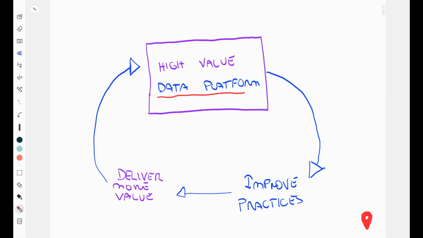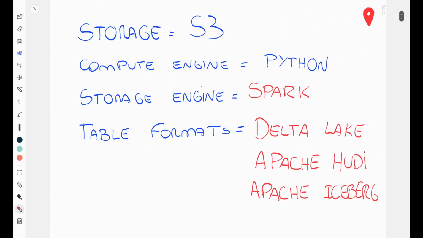The idea is to build a data platform and improve its practices, such as we're doing now, looking into Lakehouse concepts, or at least concepts that lead to understanding what Lakehouse is and how to use it, to deliver more value and do that iteratively.